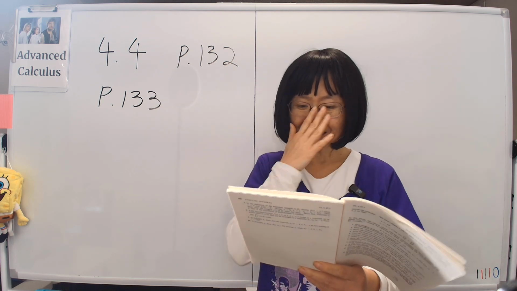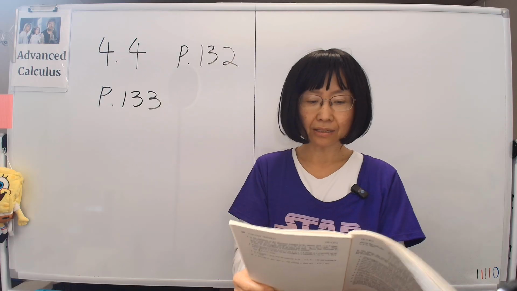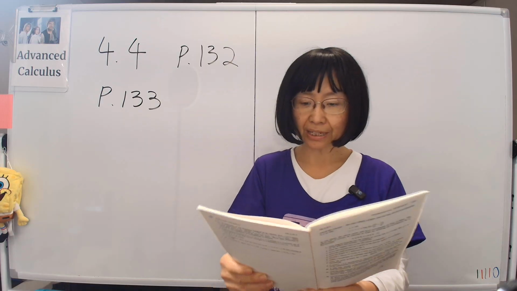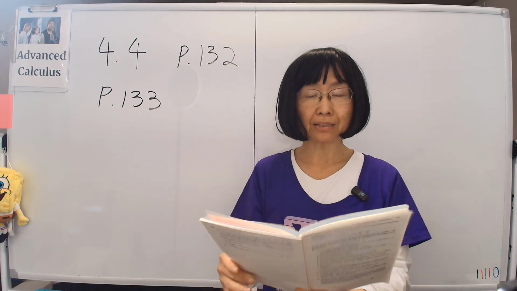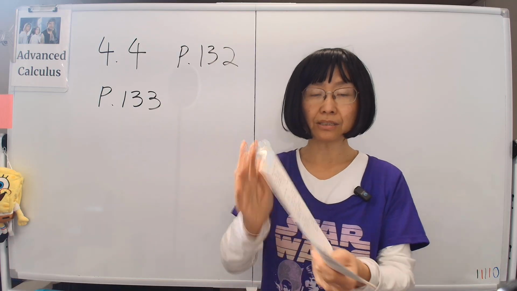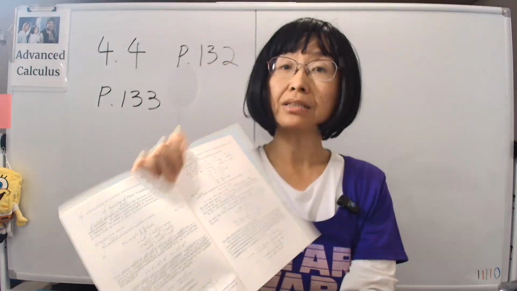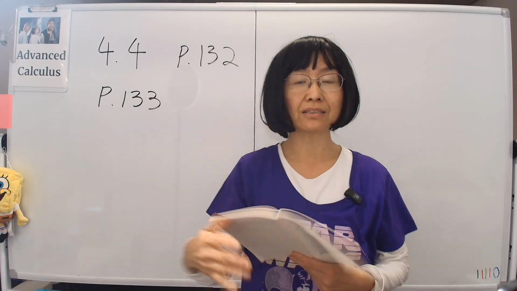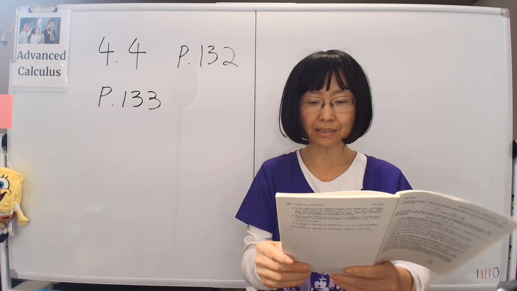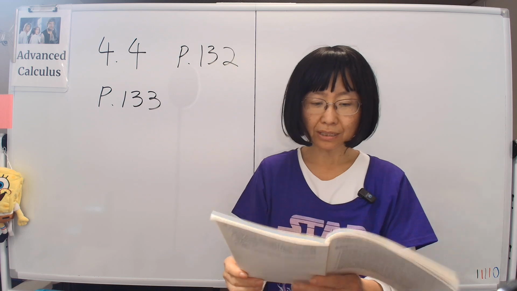However, in the 3-dimension case, for something to be positive semi-definite, you will need the 2 determinants to be bigger than or equal to 0. However, that is not good enough. That's not sufficient to show that something is positive semi-definite.